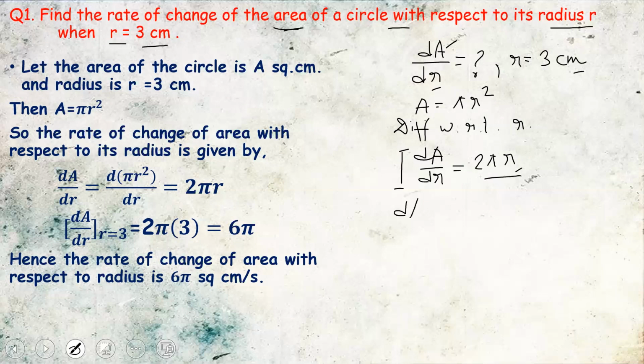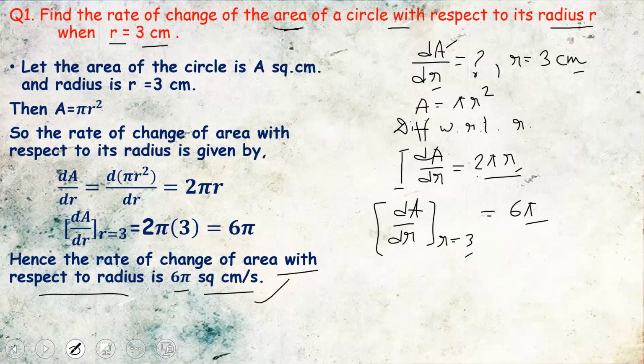Now this ratio at r is equal to 3, the value is 6 pi. 2 pi into 3, that is 6 pi. So hence the rate of change of area with respect to radius is 6 pi square centimeter per second.